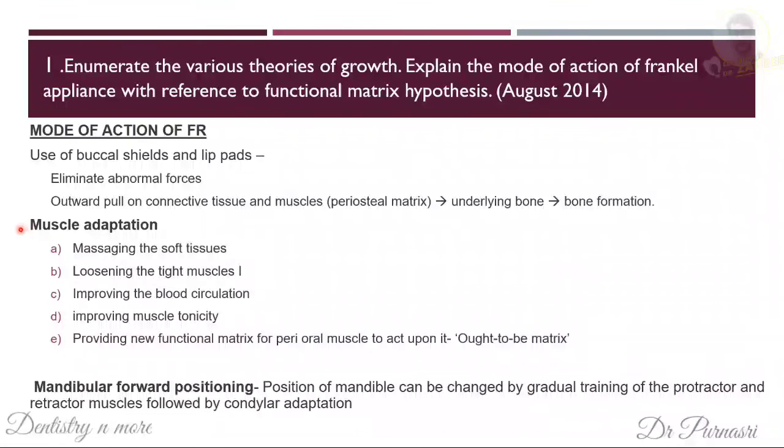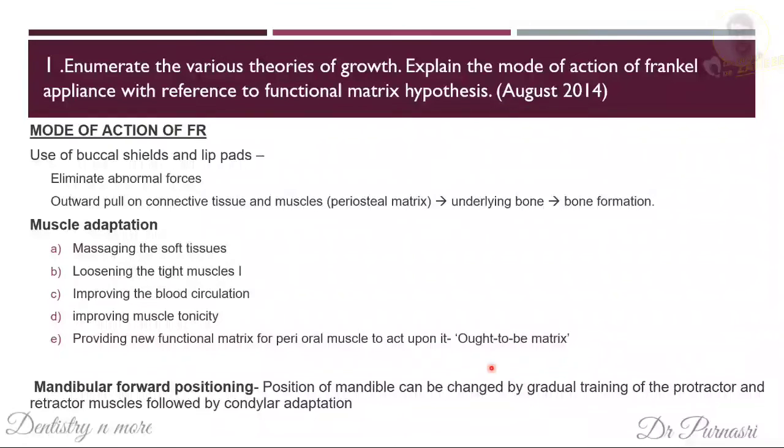The next mode of action is muscle adaptation. So the Frankel appliance helps in massaging the soft tissues, loosening the tight muscles, improves the blood circulation, improves the muscle tonicity, and provides a new functional matrix for perioral muscle to act upon.